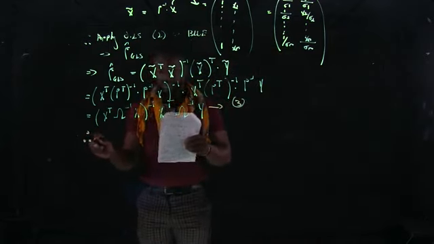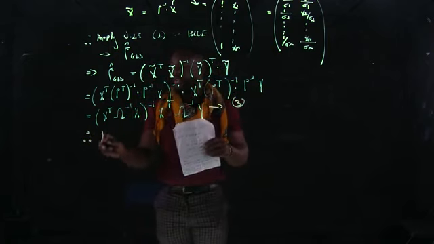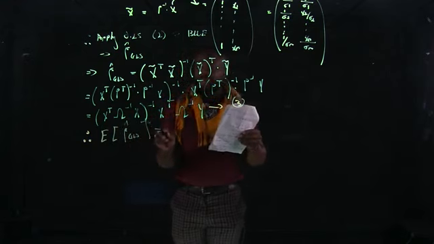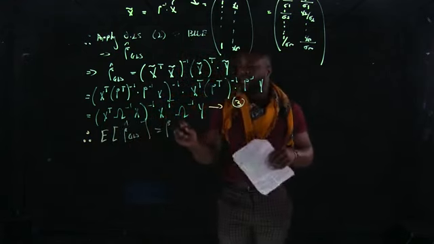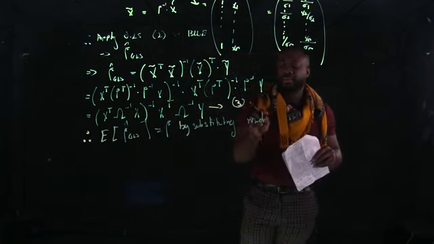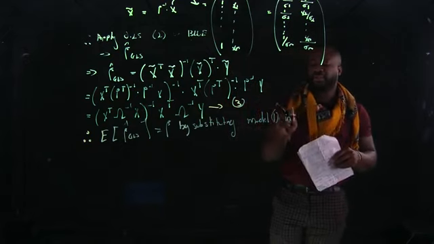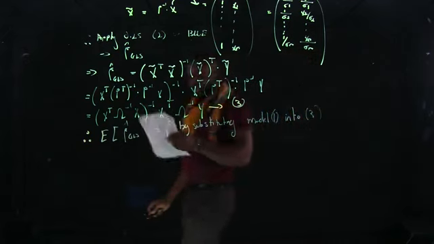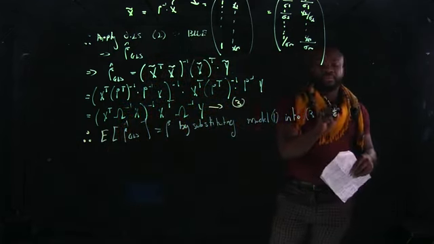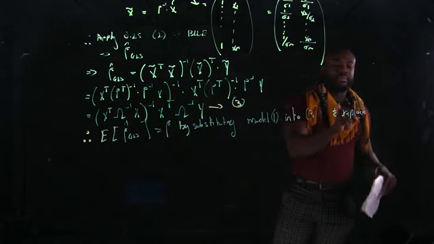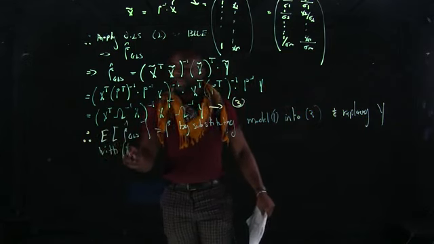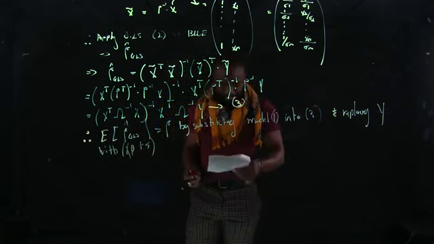In that case, the expectation of beta hat GLS equals beta, by substituting model 1 into model number 3 and replacing y with x beta plus e.